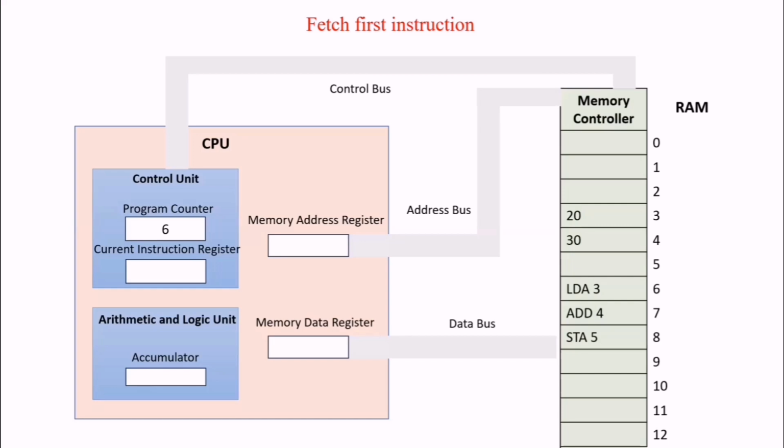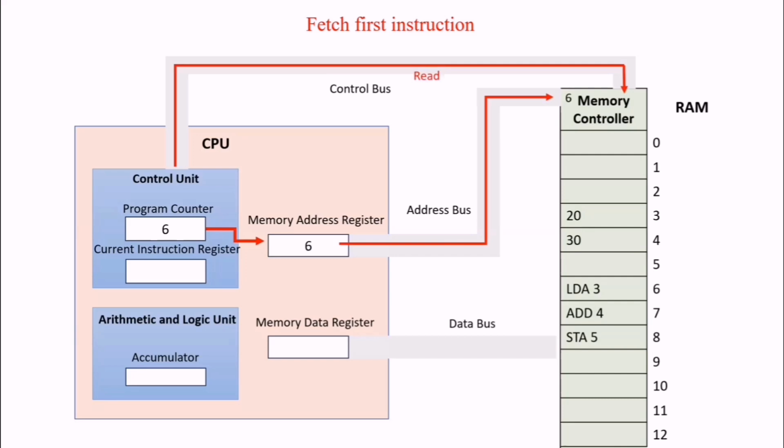These instructions are stored in binary machine code, but it's convenient for us to visualize them like this. First, the program counter contains the memory address of the next instruction to be fetched. This memory address is copied into the memory address register, which makes it available to the address bus, so it can be copied to the memory controller.